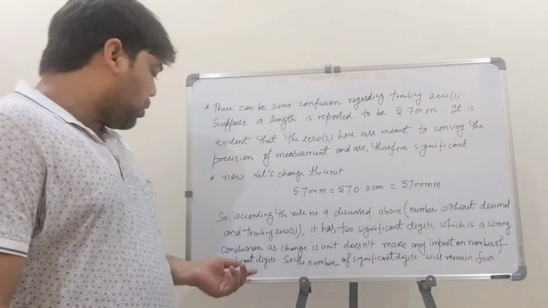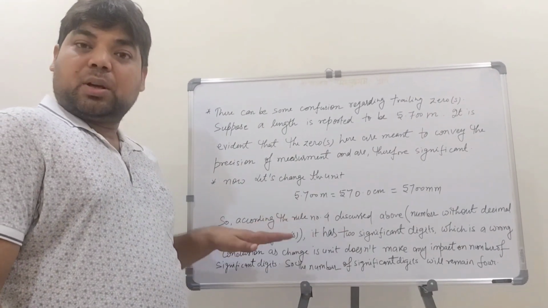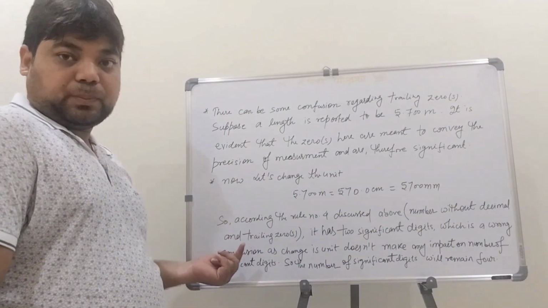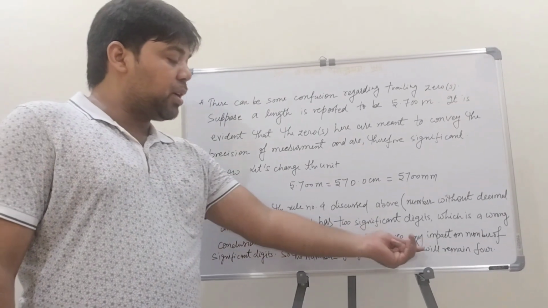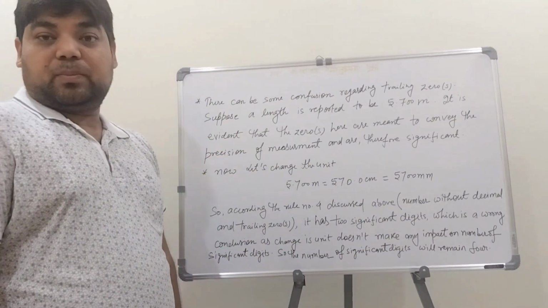This is a wrong conclusion, as a change in unit doesn't make any impact on the number of significant digits. The number of significant digits remains constant, which is 4, as concluded above.